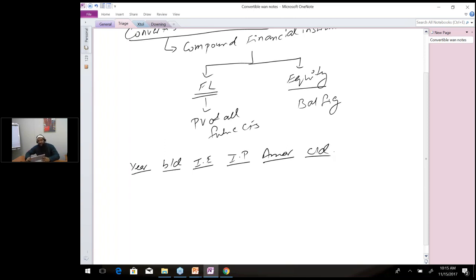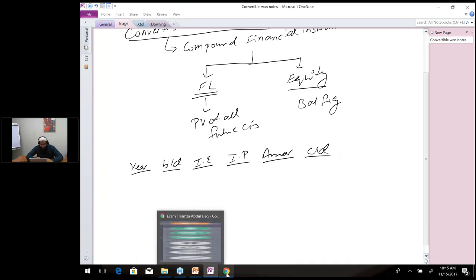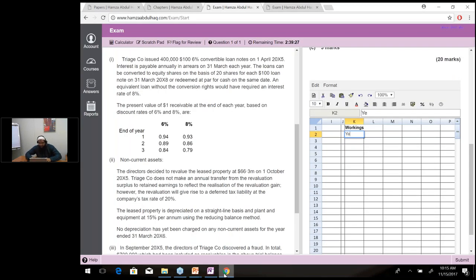So this is the way we calculate the compound financial instrument adjustment. So if I start solving this, I'm writing here cash flow, discount factor, and the present value.